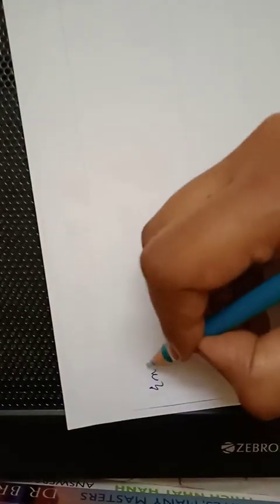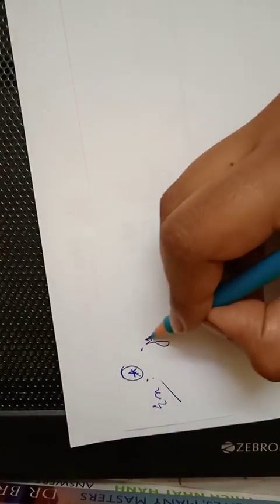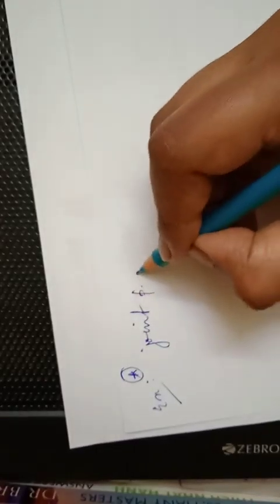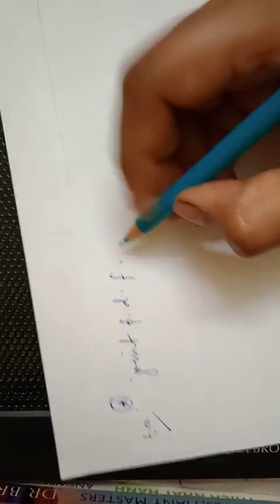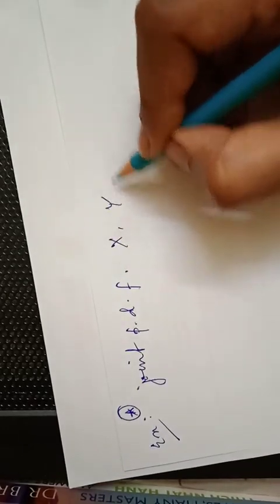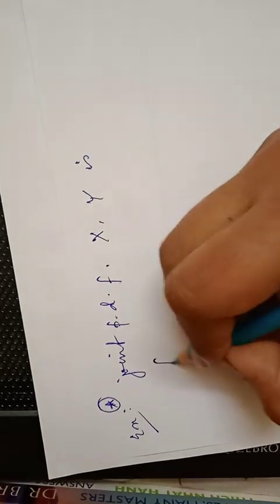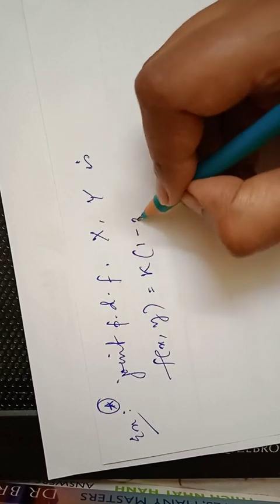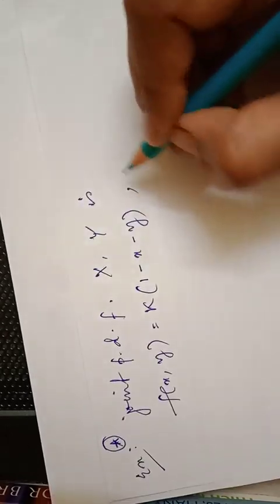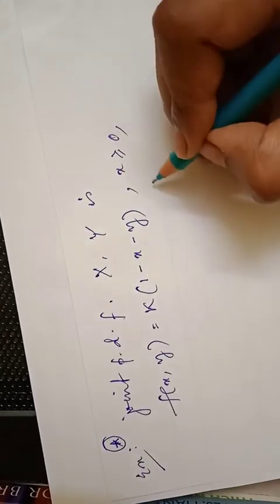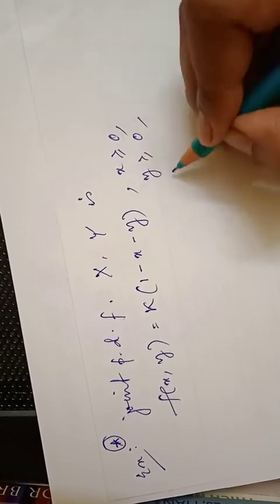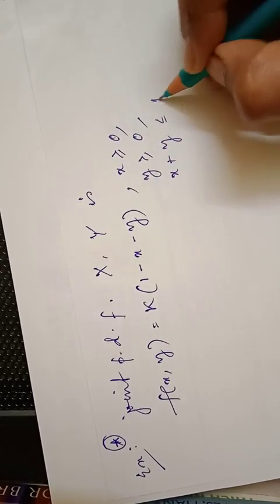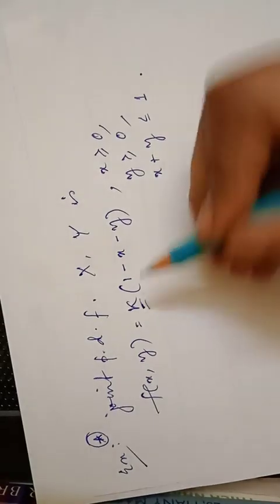Another example which is also very important. The joint probability density function of two random variables x and y is given by f of x comma y equals to k into 1 minus x minus y, where x greater or equals to 0, y greater or equals to 0, and x plus y less or equals to 1, where k is a constant.